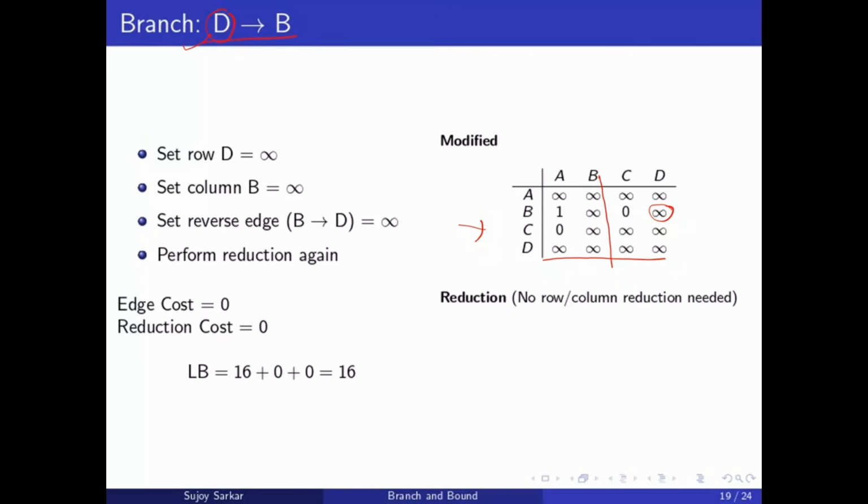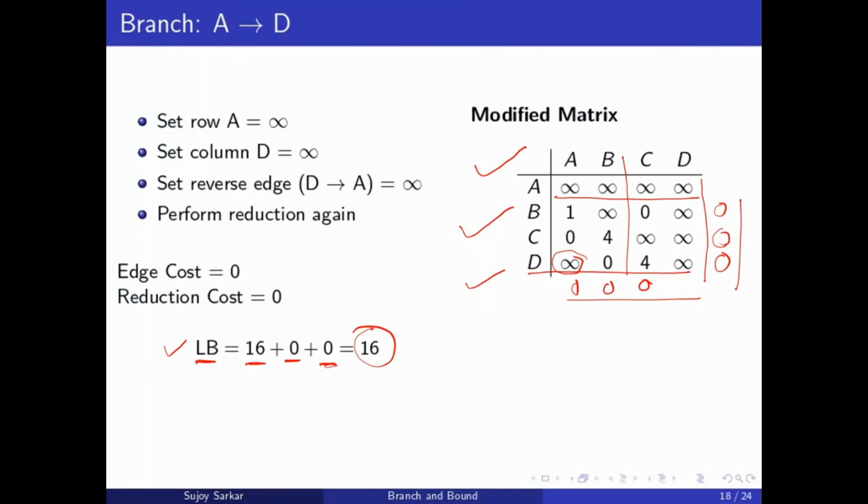Then what do we have to do next? Same thing, we will try to perform reduction. So can we reduce anything here? Minimum is 0 in row, this row also 0. So row reduction 0, column 0, 0. So column reduction also 0. So total lower bound, how much? What was the parent lower bound for D?